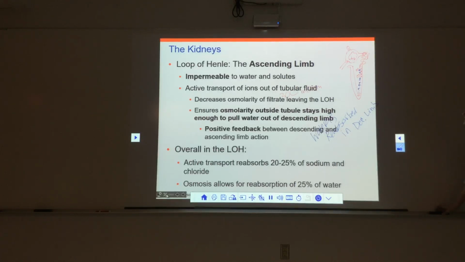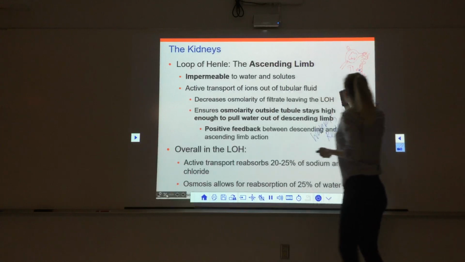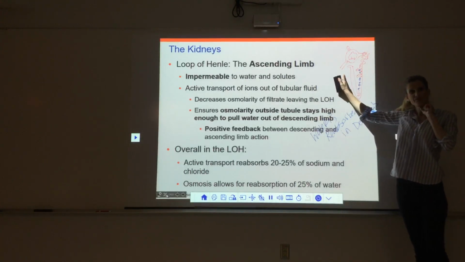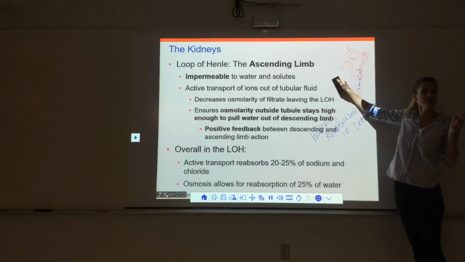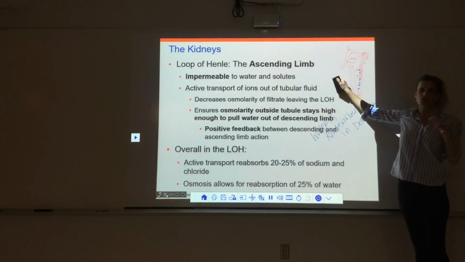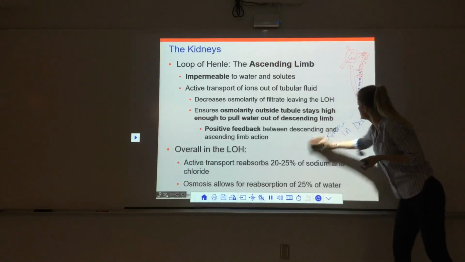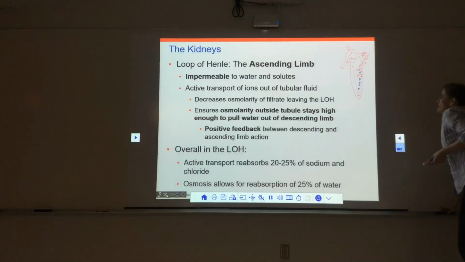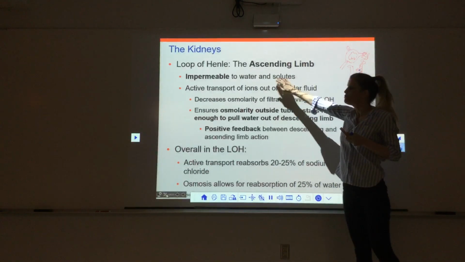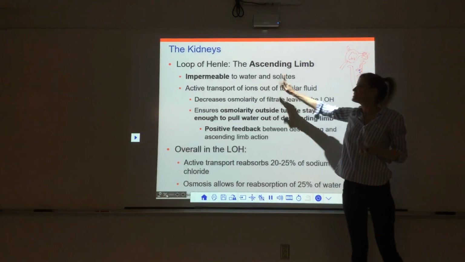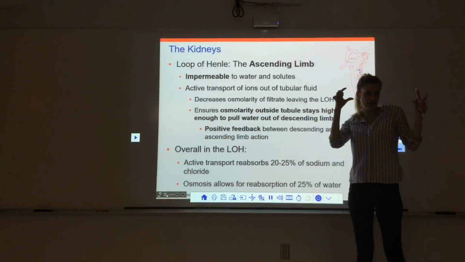Now, when we look at the ascending limb, remember I said that most of the ascending limb was going to be thick segment? So it's going to be lined with these thicker, chunkier cuboidal cells. Water doesn't cross those the same as it does the thin cells. So what we see here is that the ascending limb, as we start to go up, is now impermeable to water. Okay? Solutes also don't cross via diffusion, again, because we have thick cells.